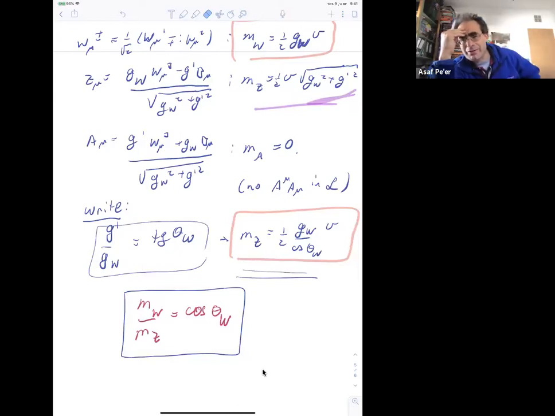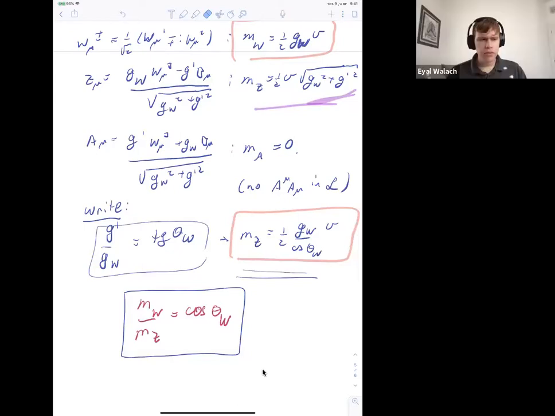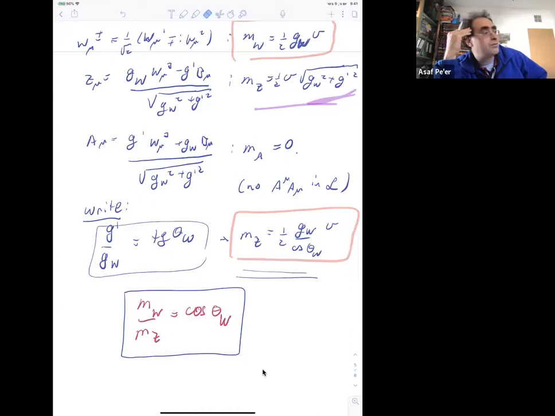Everything is going to end up in one direction, but you don't know which one. But it happens to be exactly the one that makes the photon massless. No, it doesn't matter. If you think back about this, I would simply define the photon to be one of the other three gauge bosons.